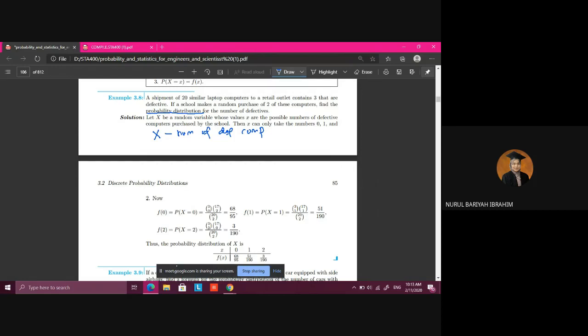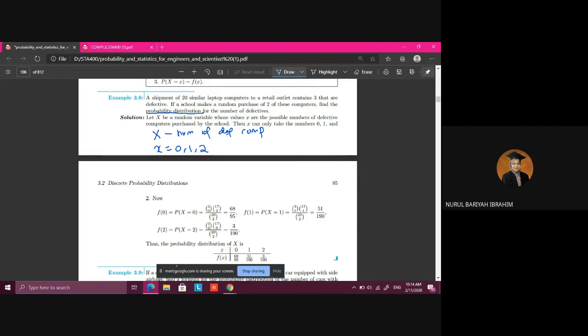So the possible outcome will be berapa? Because dia kata a school makes a random purchase of 2 of these computers, nak pilih 2, so it will be 0, maybe 1, maybe 2. Tak boleh 3 sebab dia nak pilih hanya 2 sahaja. So maybe 0, maybe 1 or maybe 2 number of defective item sebab X adalah defective computer.